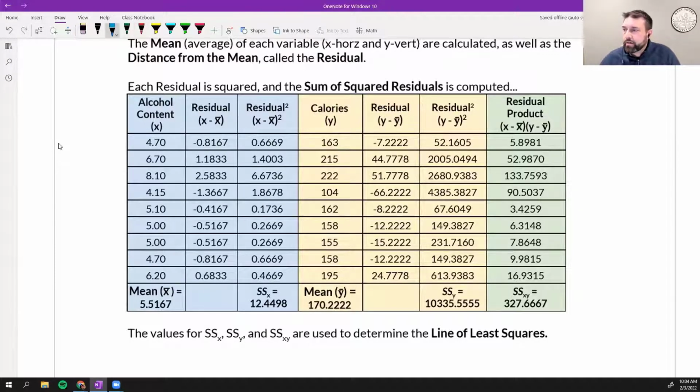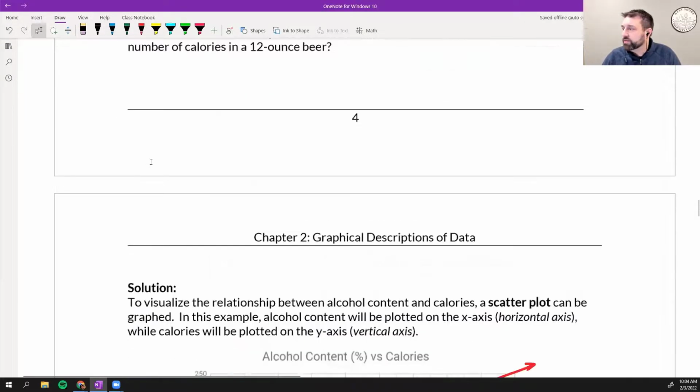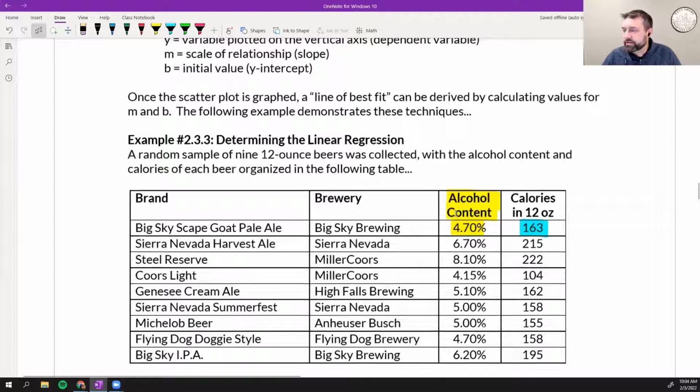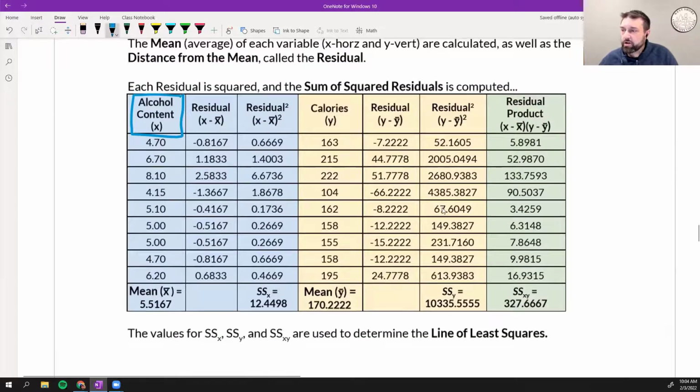Number 1, the first blue column is your data from the table. So if you go up to this table right here and look at alcohol content, there is your alcohol content. These are the 9 data points. What you have to do is find the mean of those 9 points. That's the average.